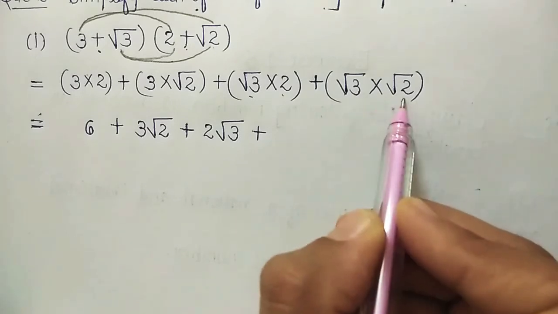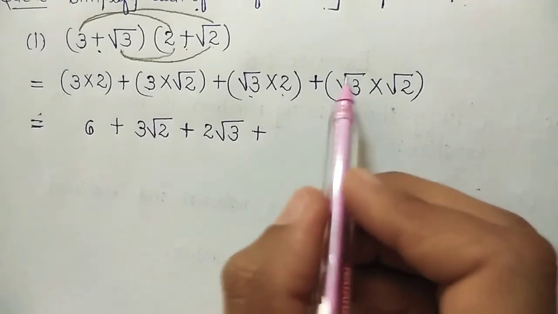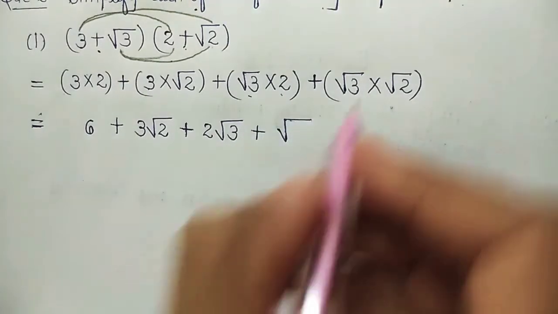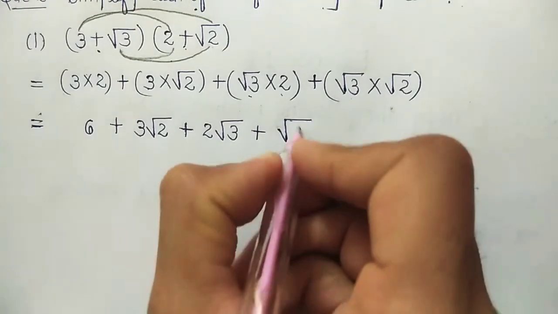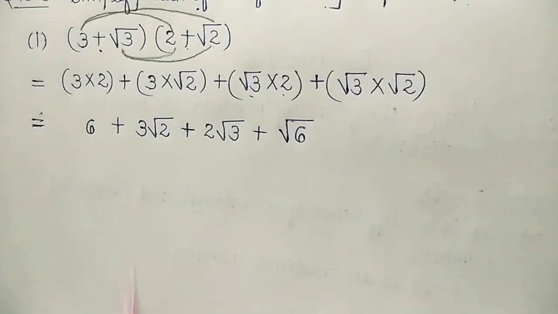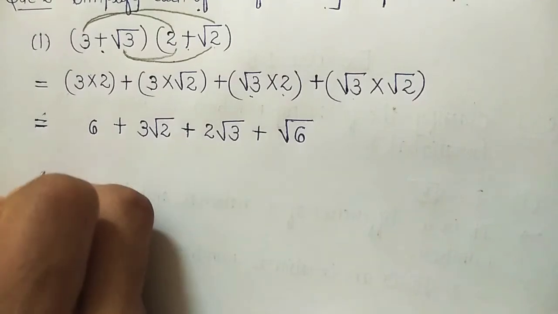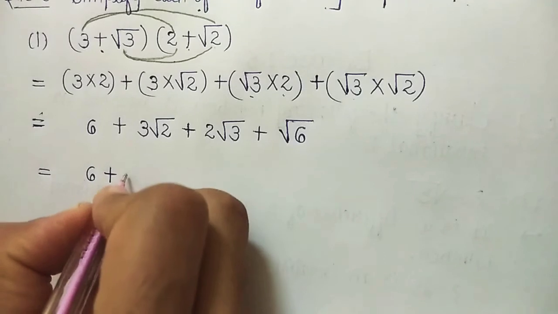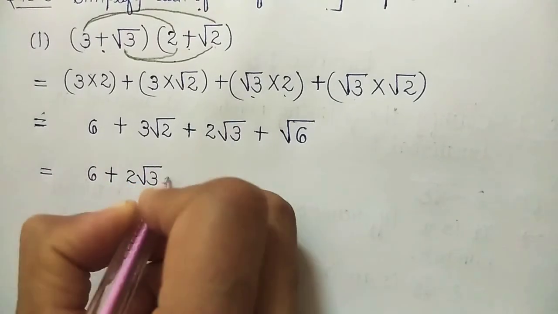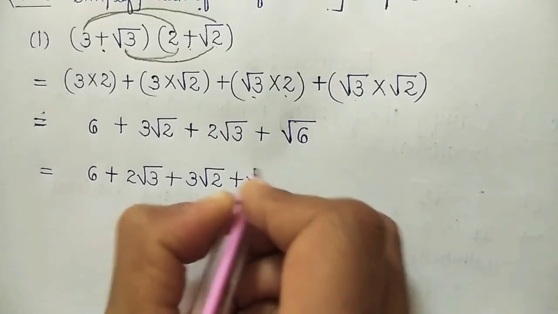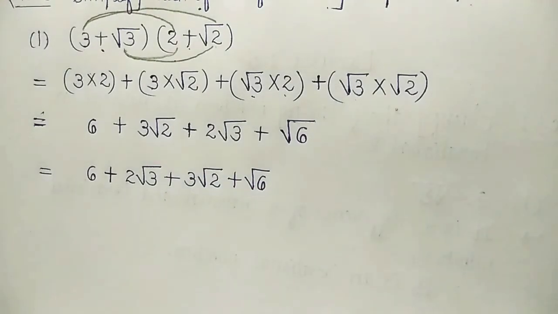Both are in square root, so the answer will be in terms of square root. 3 multiplied with 2 is 6, so square root 6. Now we will arrange it and write: 6 plus 2 square root 3 plus 3 square root 2 and then square root 6. So this is the answer for the first.